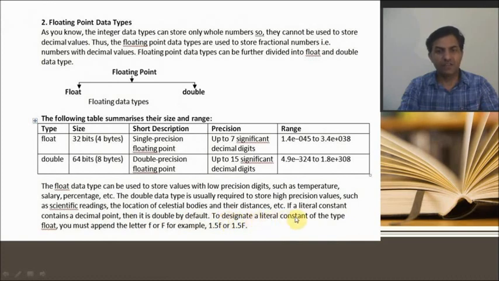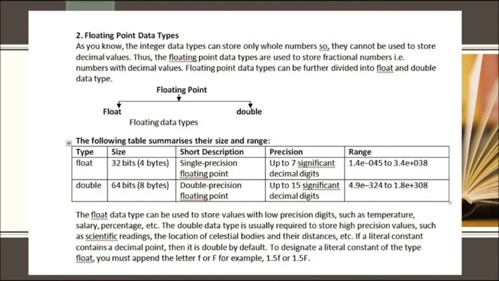To designate a literal constant of the type float, you must append the letter f or F, for example 1.5f, that is for float. Say 1.5F, that is capital F, that is also for float.